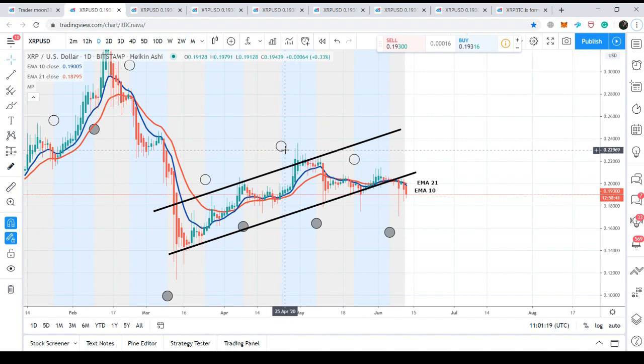And I've also placed the moon phases indicator on this chart. This is the full moon and this is the dark moon, and the distance between one moon and another moon is called the synodic cycle. That is 29.9 days long. The most recent full moon appeared within the channel, and the most recent dark moon appeared below the channel, and there was a very big distance between the support and this dark moon.